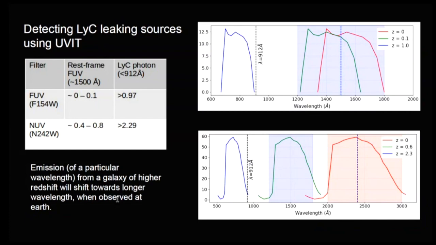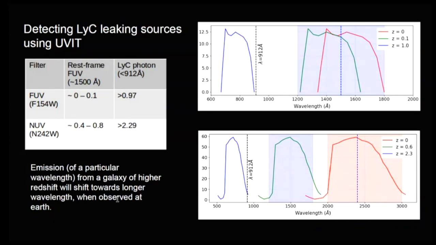The same applies to the near UV filter beyond 2.29 redshift, where we are in the ionizing range, and we can sample Lyman continuum leaking galaxies using these two filters at these two different redshift ranges. I'm particularly working in this range in the GOODS North field.